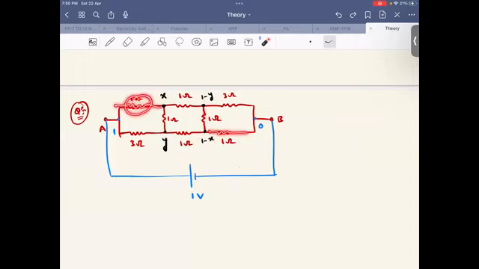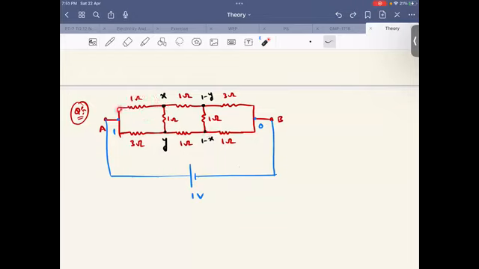And the same current flows through both 3 ohm resistors. With the same current and same resistance, the potential drop must be the same.